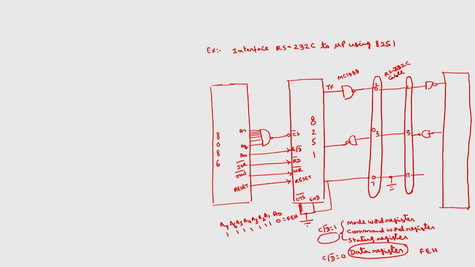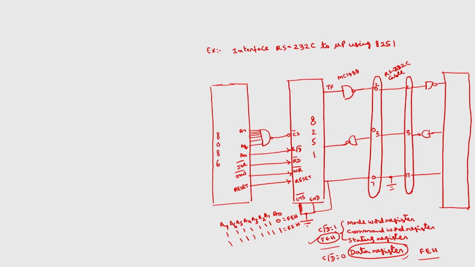The remaining bits will all be 1s to select the chip, so the address of these 3 registers is FFH. So, the addresses of the mode word, command word and status registers are the same, while the data register is different.